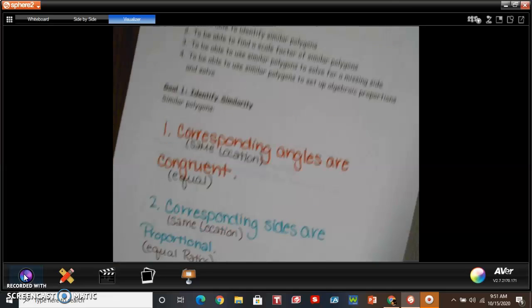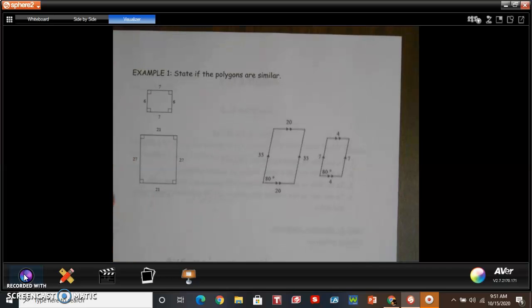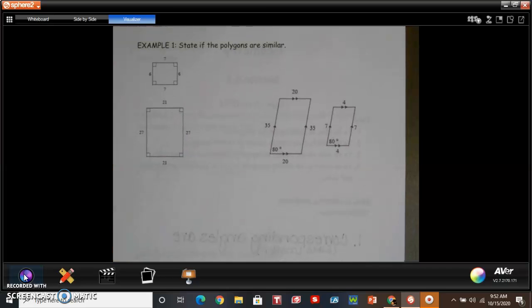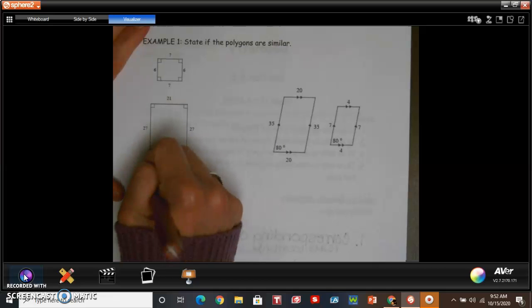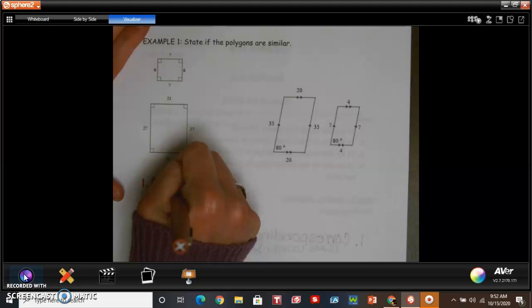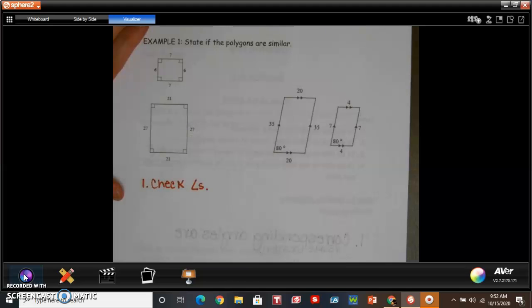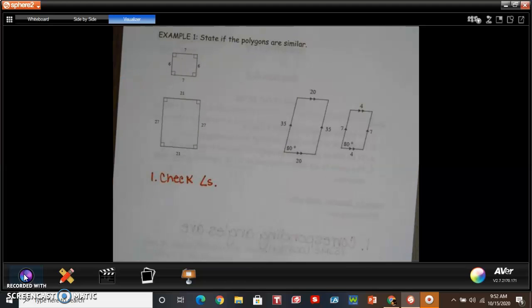All right. So, let's practice identifying similar polygons. Okay? So we have to check both things. So first thing we're going to do is check our angles.